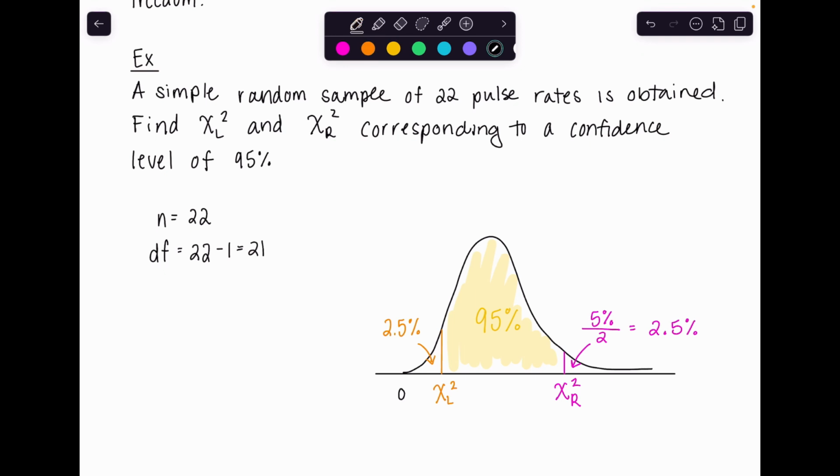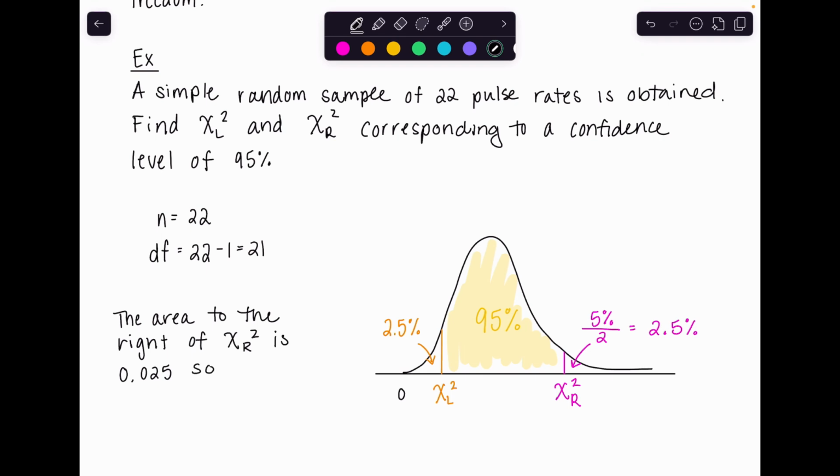So I always like starting with this one because it's a little bit easier to calculate. But the area to the right of this critical value is going to be 2.5%, which as a decimal is 0.025.